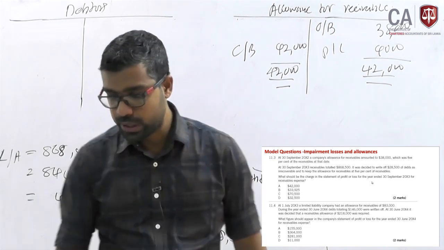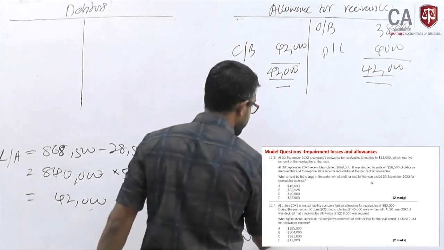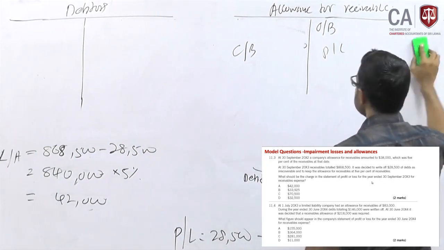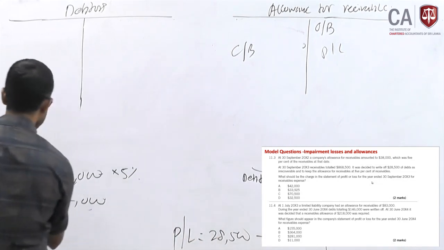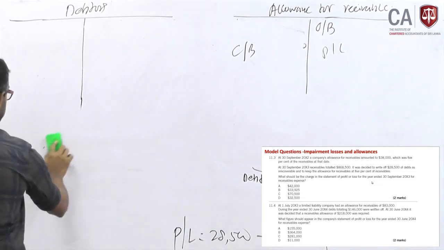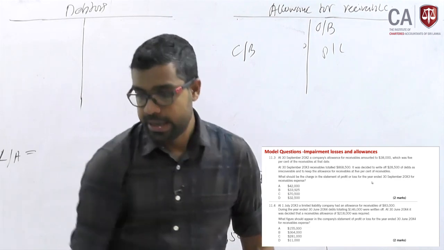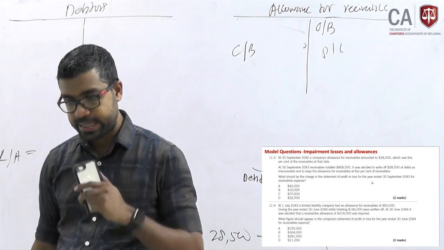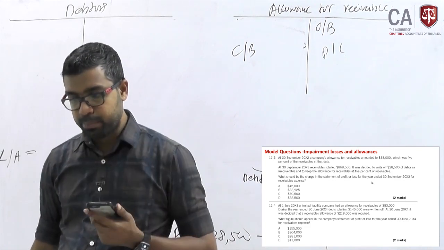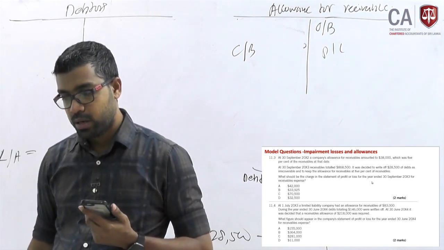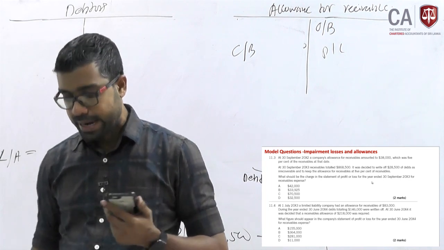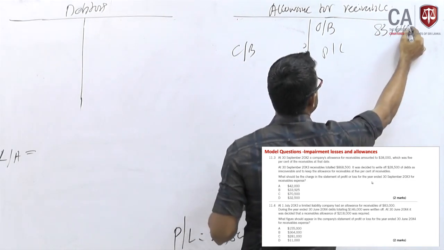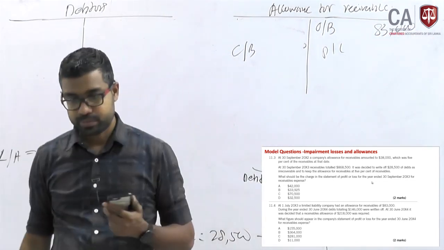Look at question number 4 also. You can read. Quick calculations, but important. At 1st July 2013, a limited liability company had a loss allowance for receivable of 83,000, the opening balance.